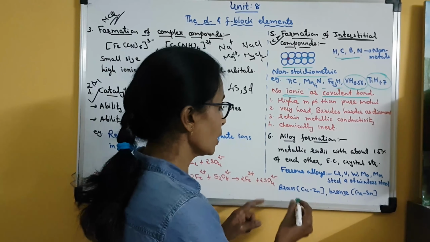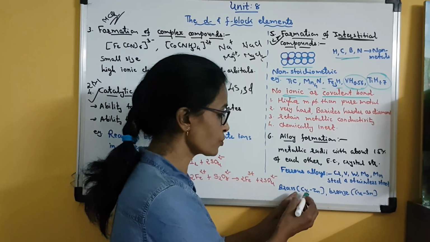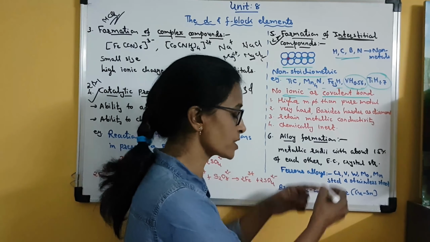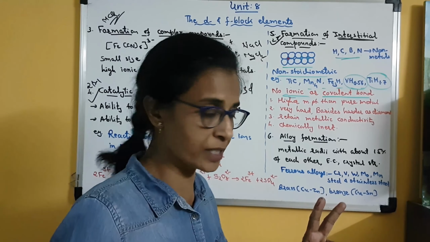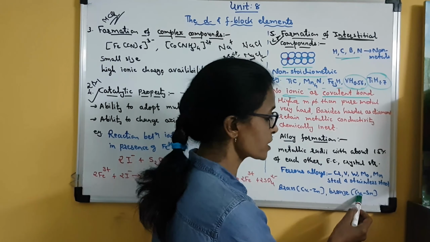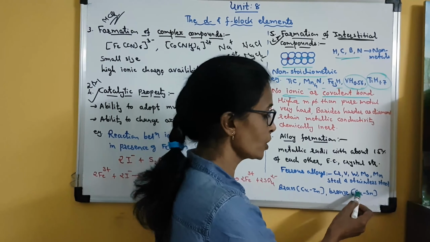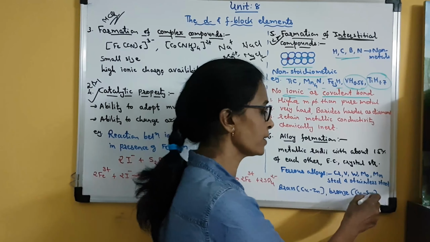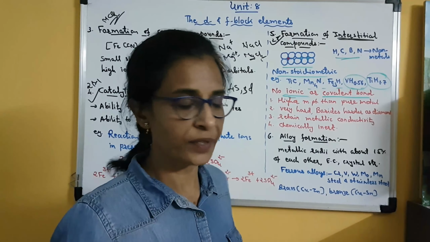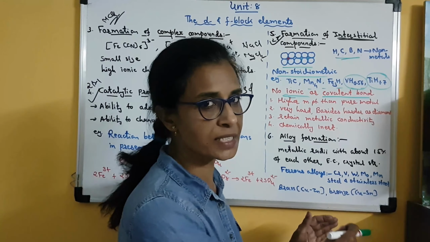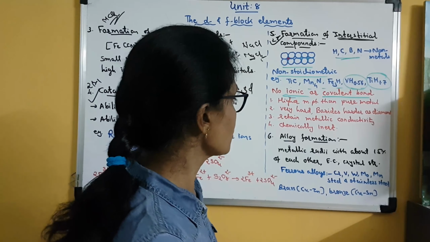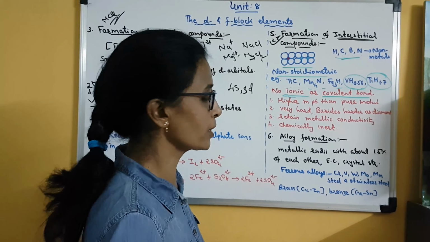So in brass, copper is a transition element but zinc is not, though both of them are d block elements. Then bronze, it is copper and tin. Here copper is a transition element, tin is not. Clear? So these two examples can be asked in MCQs. Got it? So this is again an important topic.